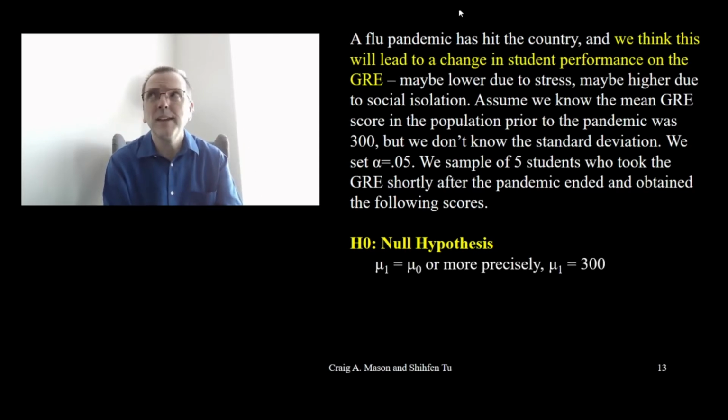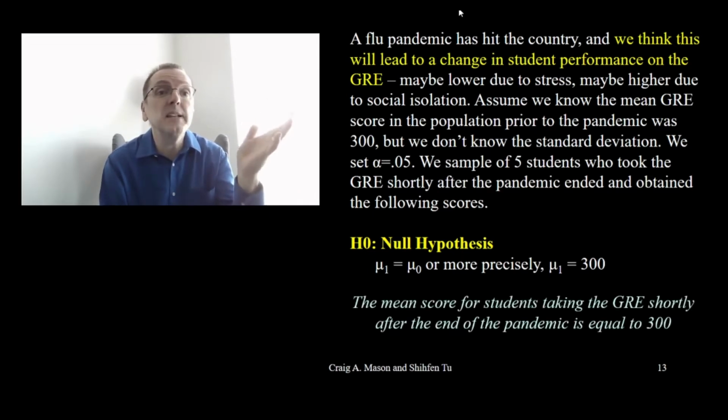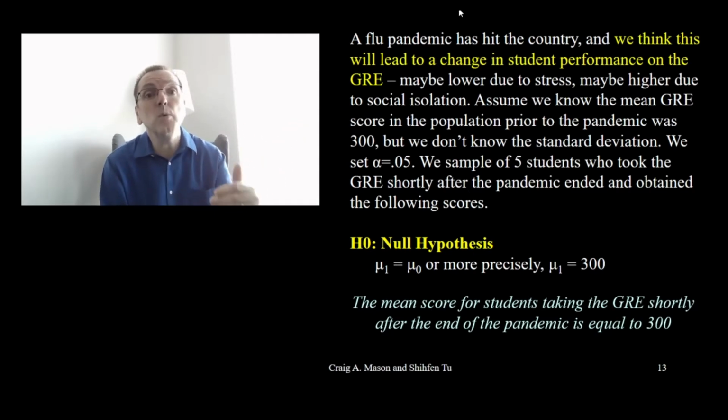All right? In English, we could say the null hypothesis as the mean score for students taking the GRE shortly after the end of the pandemic is equal to 300.